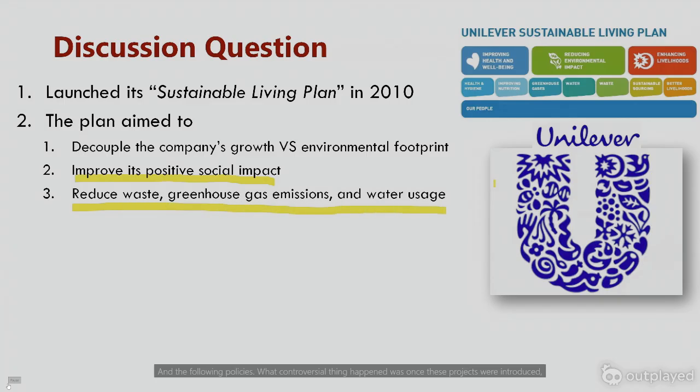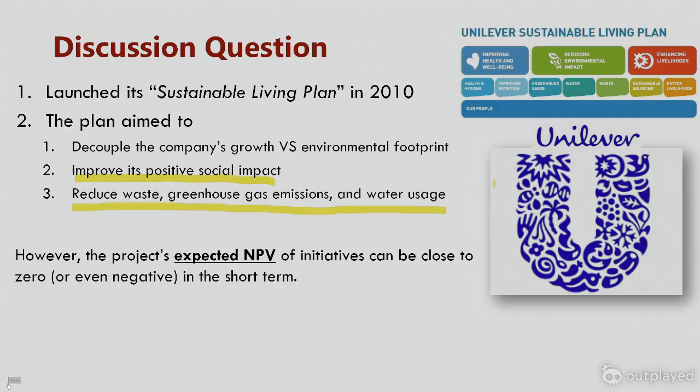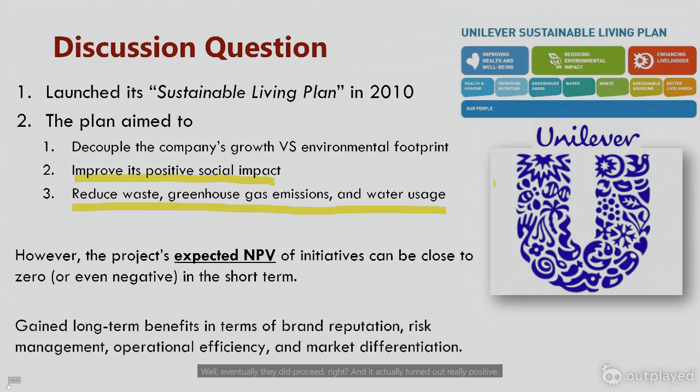What was controversial was that once these projects were introduced, they did their own calculation on NPV, which turned out to be almost zero in the short term. So did they have to abandon this, or did they proceed? Well, eventually they did proceed, right? And it actually turned out really positive.